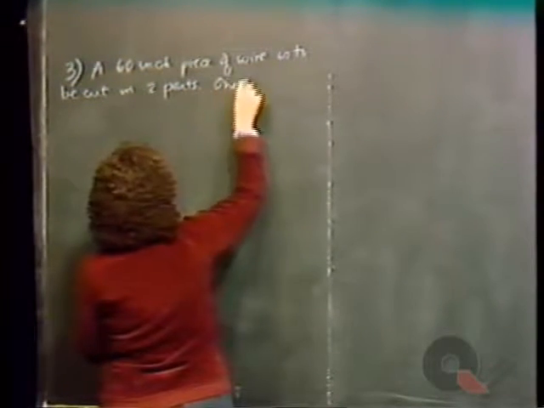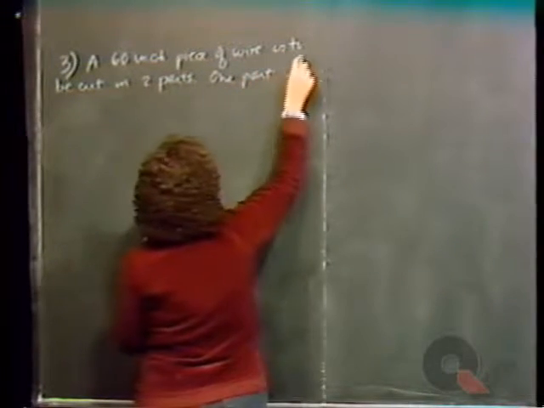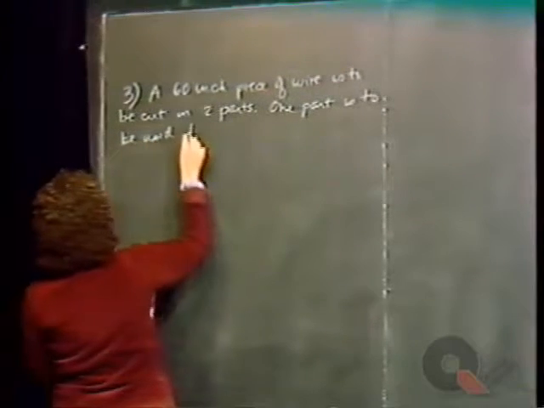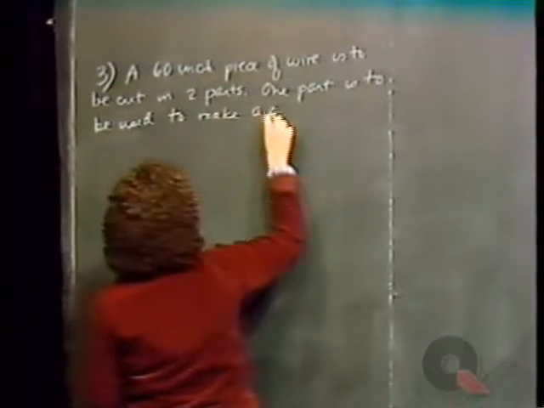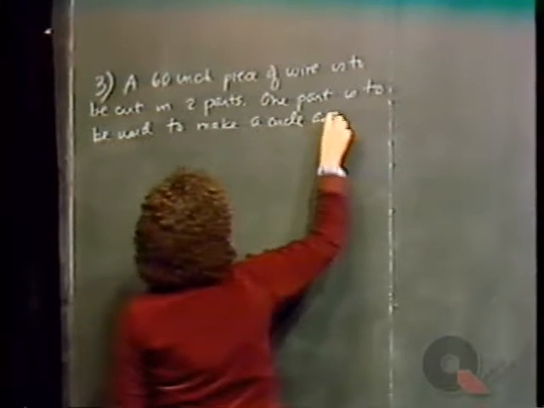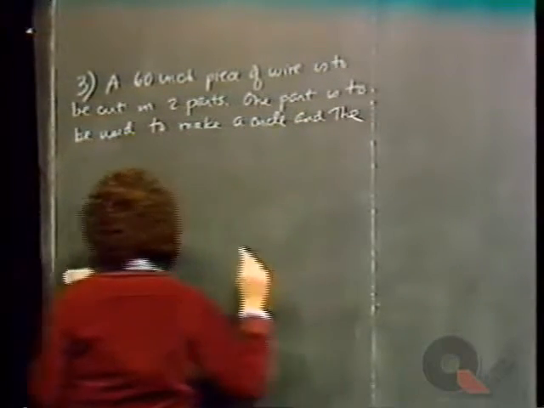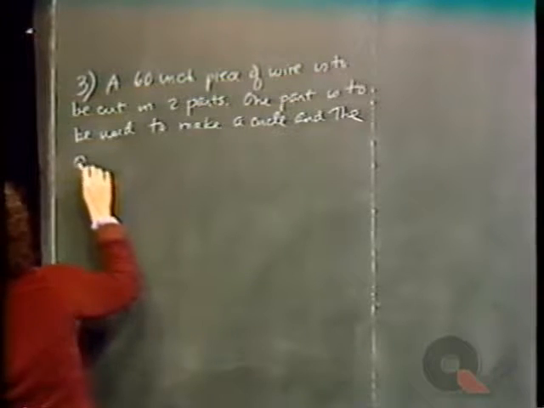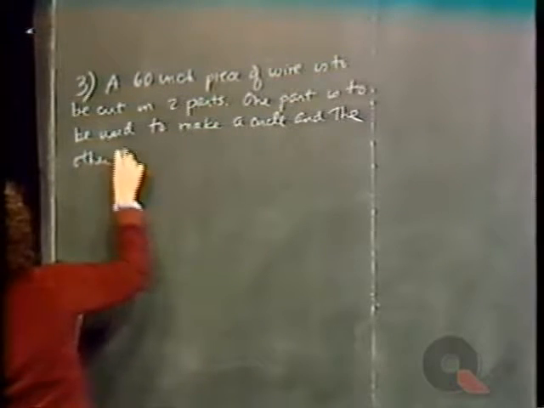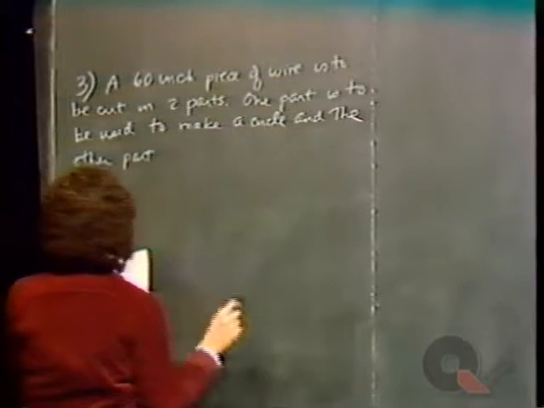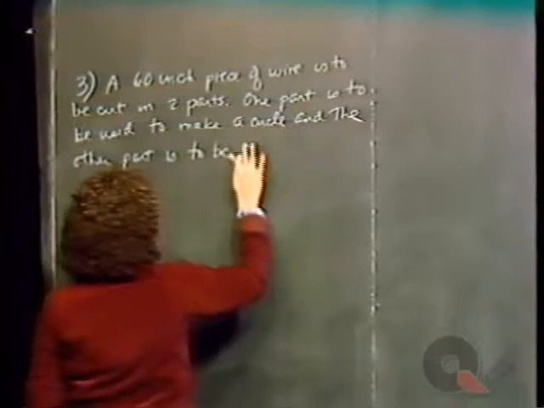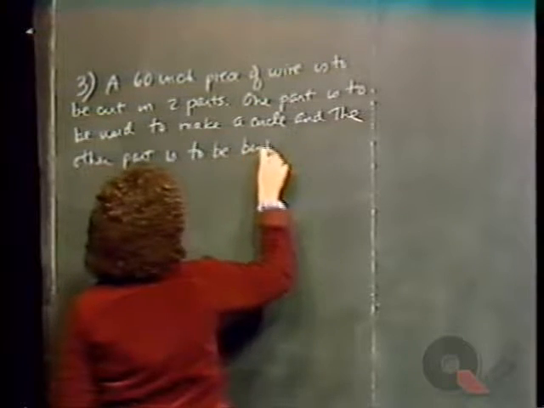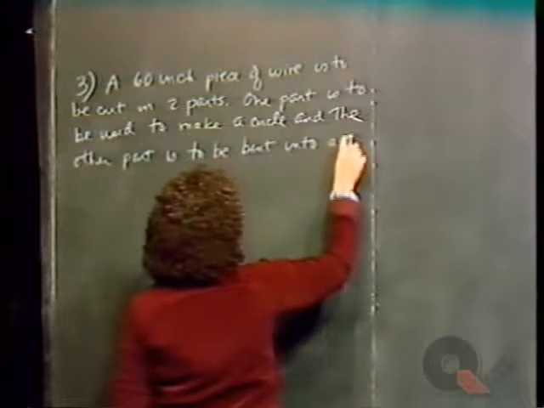One part is to be used to make a circle, and the other part is to be bent into a square.